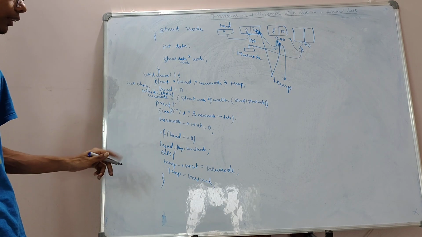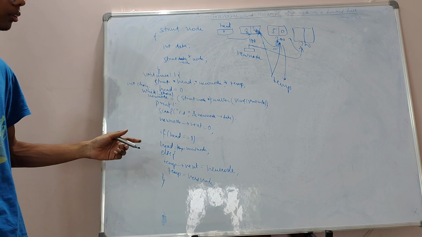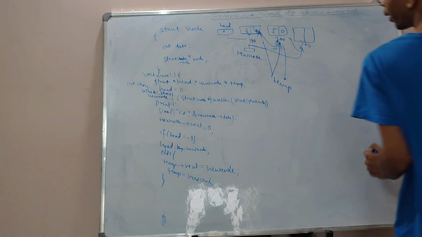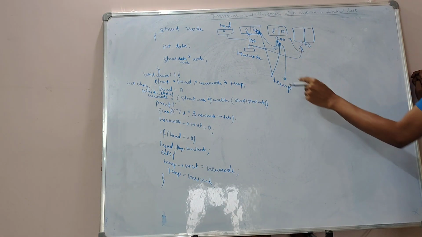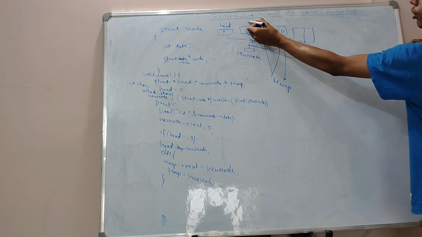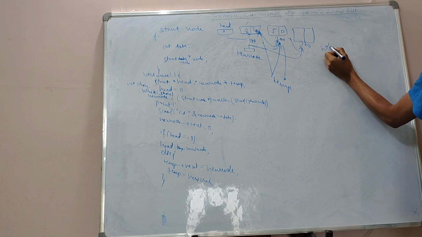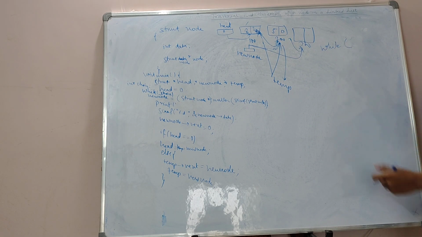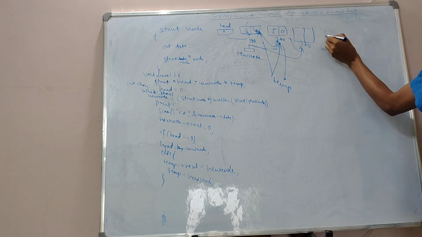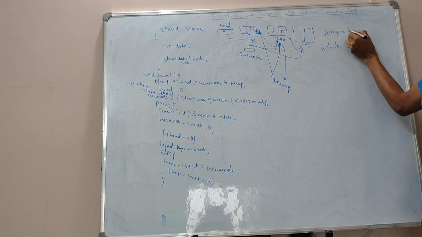And then suppose I want to print these values of nodes. So what I will write, I will start a for loop, and first I will make my temp equal to head.